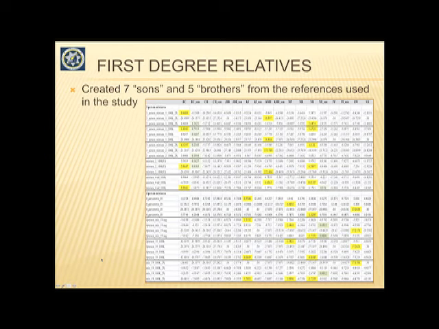Here we go. So we also assessed the specificity of the TrueAllele process, the ability of the TrueAllele process to exclude or provide negative log likelihood ratios for first-degree relatives to the 2 contributors of a mixture. And so what I did is I created 7 sons and 5 brothers from the references used in the study, and I compared those to the 2, 3, and 4-person deconvoluted mixtures analyzed by the TrueAllele process.